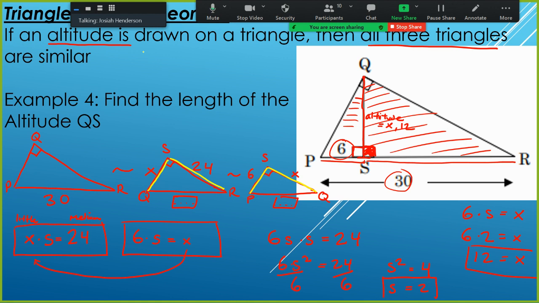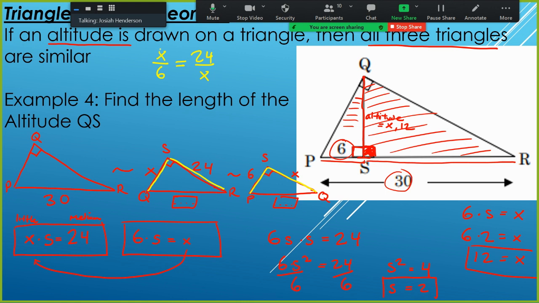So I'm going to show really quick what Sella's setting up. It won't be the 30, Sella. I think we'll use the 24. So what she did was say left side is to left side. So x is to 6 as 24 is to x. So she started it this way.